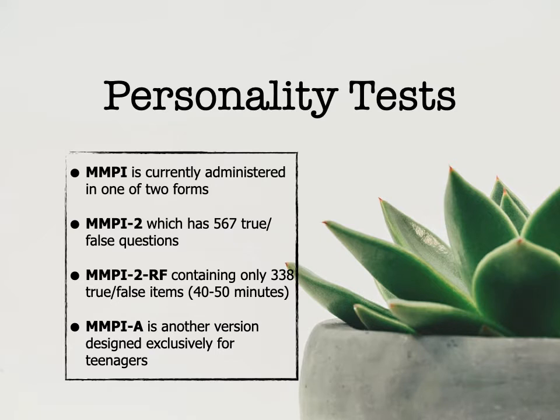It only contains 338 true or false items, and test administration usually takes around 40 to 50 minutes. We also have the MMPI-A, which is used for clients younger than 18 years old. This is designed exclusively for teenagers.